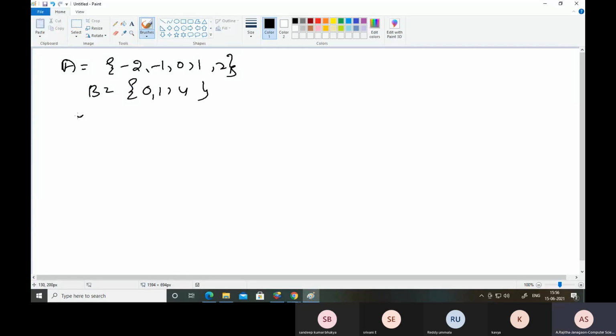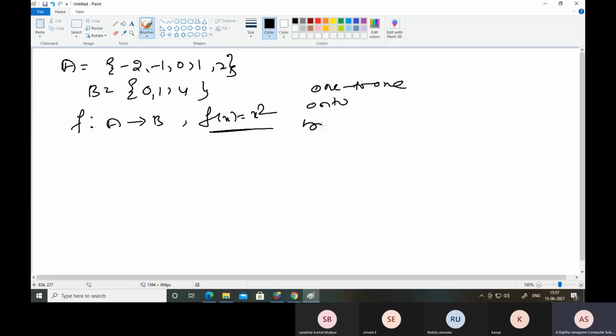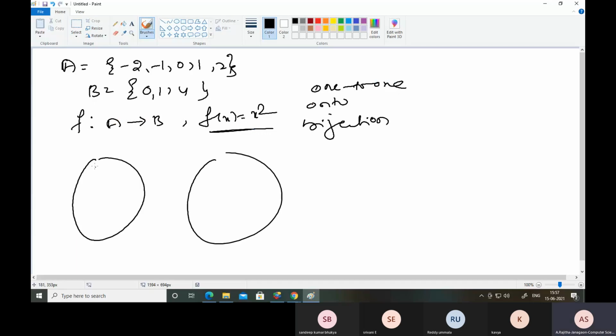And the function from a to b is defined like this, that is f of x equal to x square. Now find whether this is one-to-one, onto, or bijection. For that, first write -2, -1, 0, 1, 2, and 0, 1, 4.